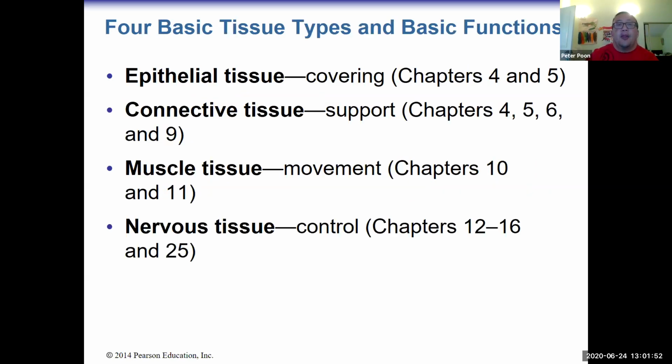There are 4 basic types of tissues and basic functions. Number 1 is epithelial tissue. We will cover epithelial tissue in this chapter, chapter 4, and the next chapter, skin, chapter 5. Connective tissue is for support, and we'll cover it basically in chapters 4, 5, 6, and 9.